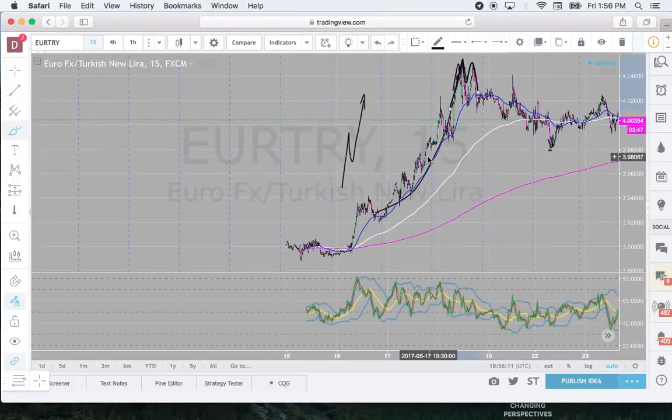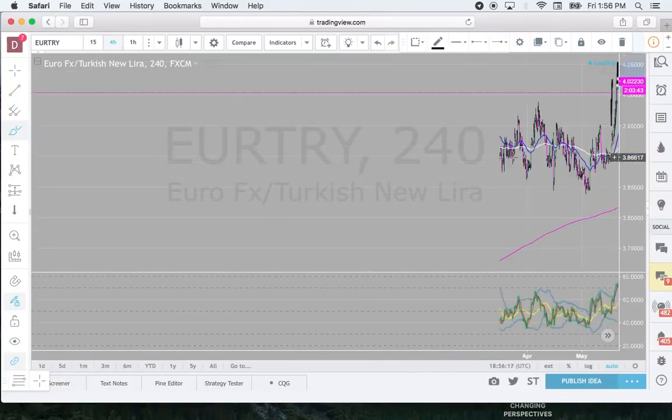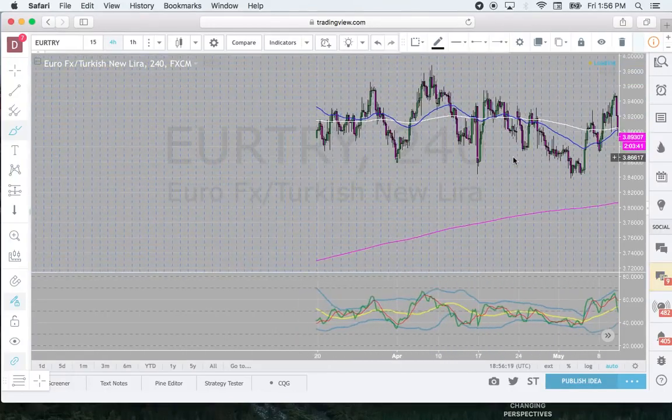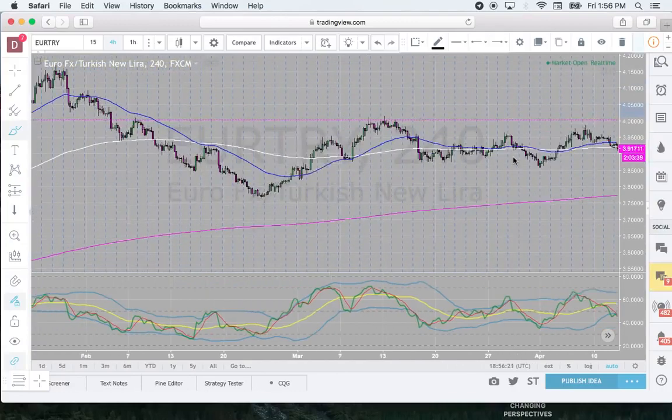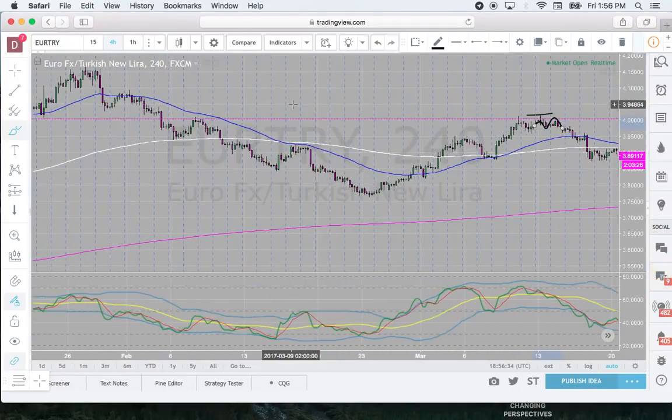So we can go in the 4-hour time frame, and we can see the same things happening all the time. We can see the high of the week or month, and then there's the M that they formed off of the high.